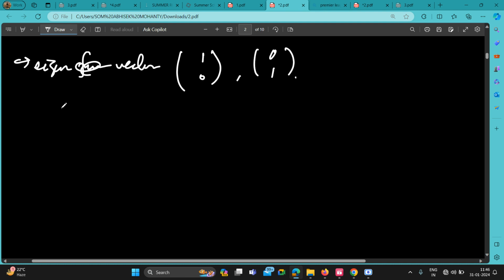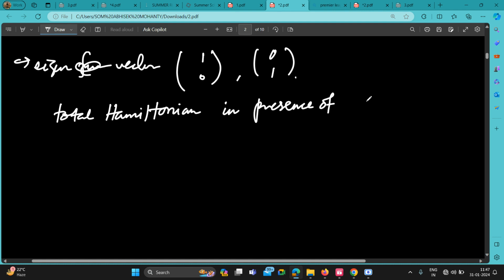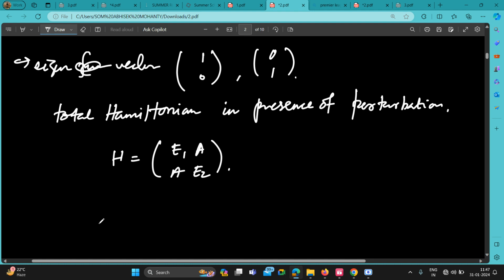The total Hamiltonian in the presence of perturbation is H equal to E1, A, A, E2. What is the ground state energy correction?